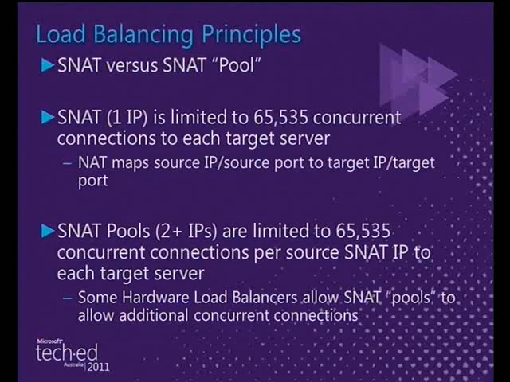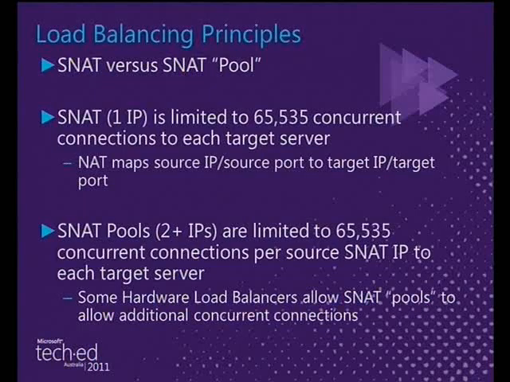When we use SNAT in a very large-scale environment, we have some limitations around TCP communications. In each source IP to destination IP communication stack, we have a limit of 65,535 connections. So from each load balancer management interface to a specific CAS server inside of the pool, we get 65,535 concurrent connections.